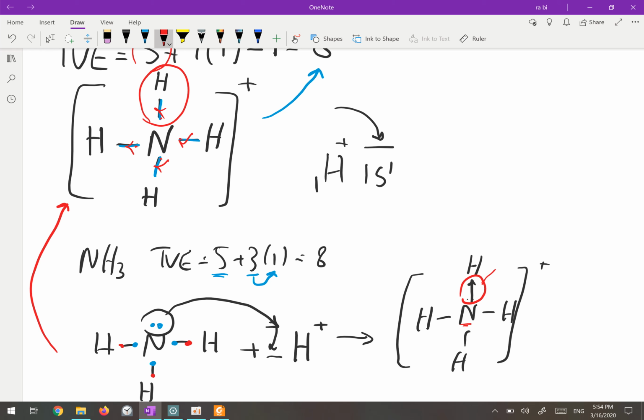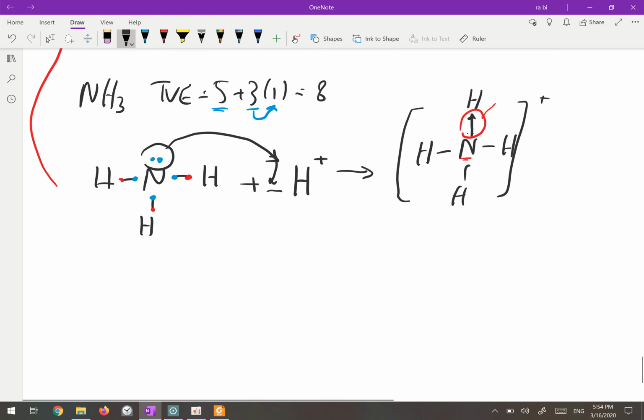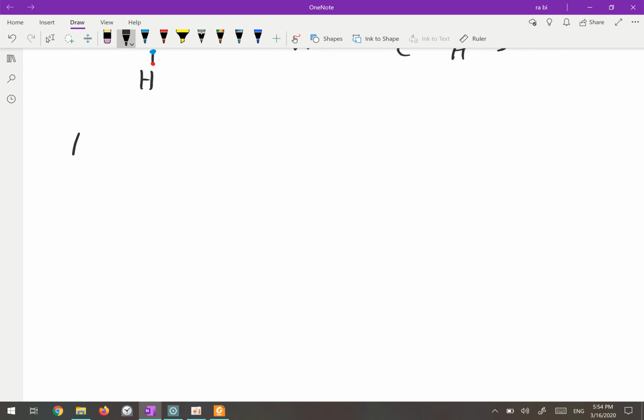Another example of the coordinate bond you can see in H3O plus. The total valence electrons that you have here: you have 3 hydrogens, each one has 1 valence electron, plus oxygen has 6 valence electrons, and it's positive, which means the whole compound has lost 1 electron.